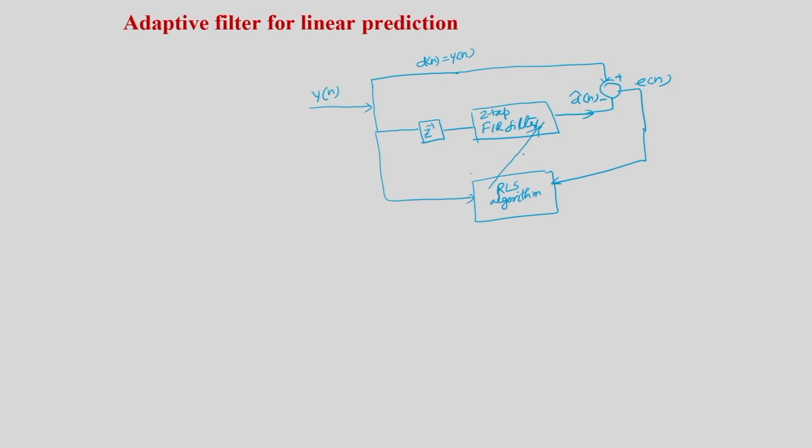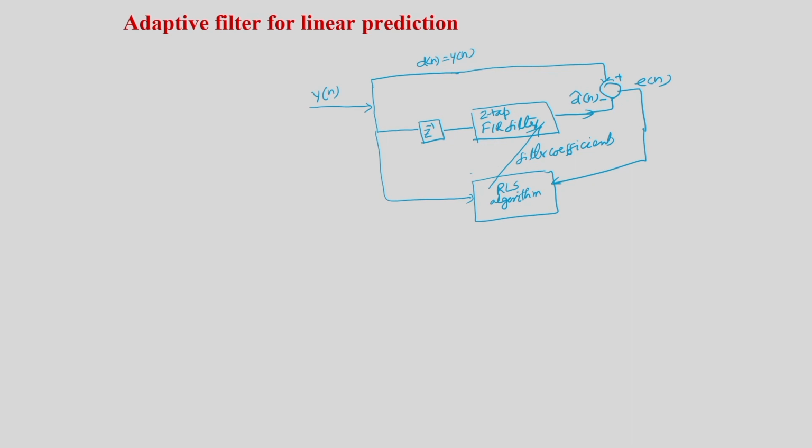These filter coefficients will be used to filter the delayed version of the signal to get d hat n. So this is the implementation of the second order linear prediction. This is a two-tap filter, and this is the delayed version, so that it will compute d hat n = h1 y[n-1] + h2 y[n-2].